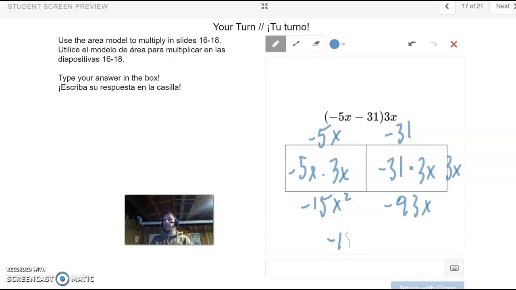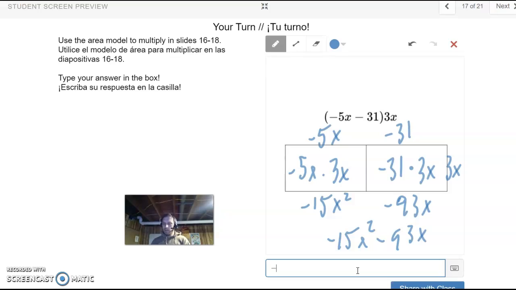When we put them together, we get negative 15x squared minus 93x. I'll type that in there just so you can read without my sloppy handwriting. Oop, and notice I missed this square, so you go over here, hit Shift 6, and put in that squared.